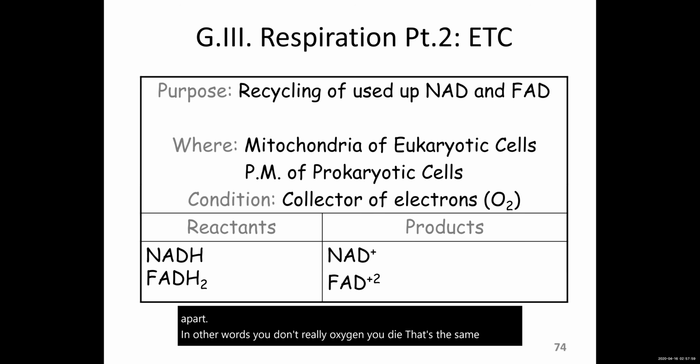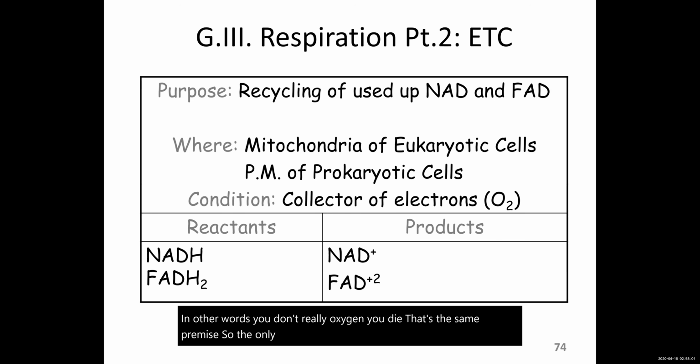So the only key reactants that you need to know from here are those reduced or used up energy carriers, all those NADHs and FADHs we've been producing in the past set of catabolic reactions. All that we do is recycle them back to their original state. So this is definitely the benefit of the electron transport chain. Now, how do we look at this?